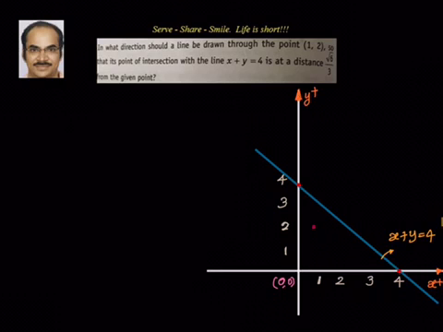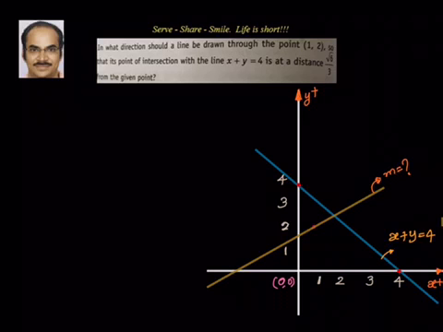Let me say that this is my line. We don't know that line, we have to find out its equation. We have to actually find out its slope, m equal to how much.